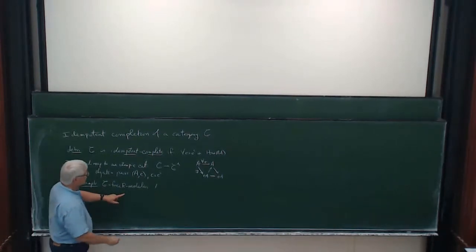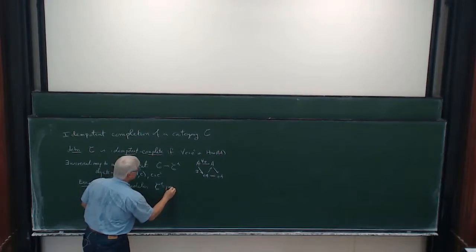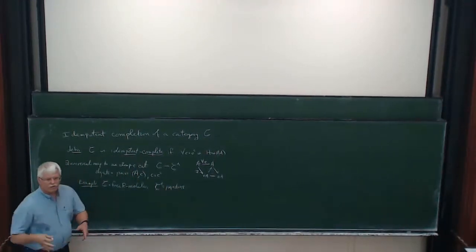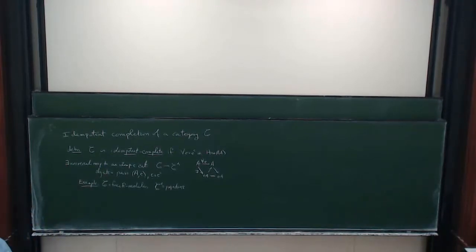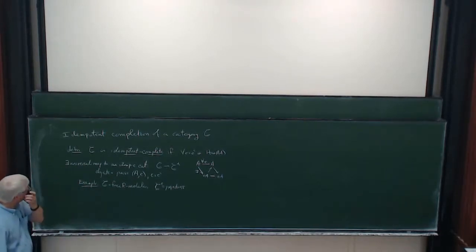So if C is a category of free modules, then C hat is equal to projective modules. So one way of doing this is to embed yourself in a much larger category which is idempotent complete, and then just take all of the objects in that larger category which are summands of the objects in the original category.